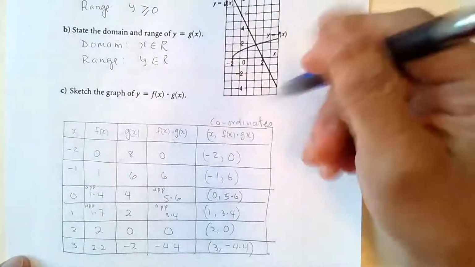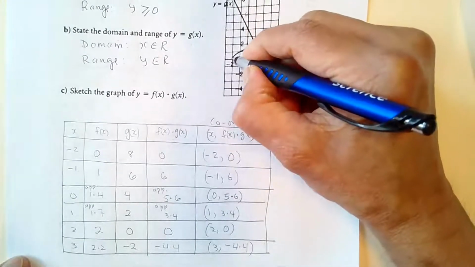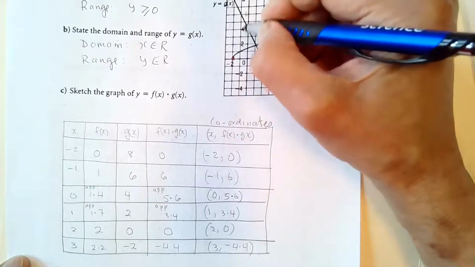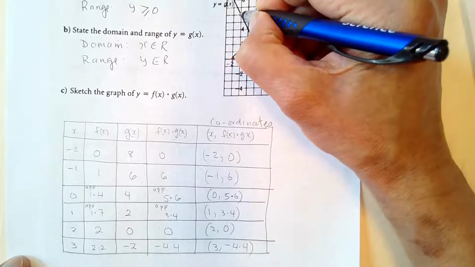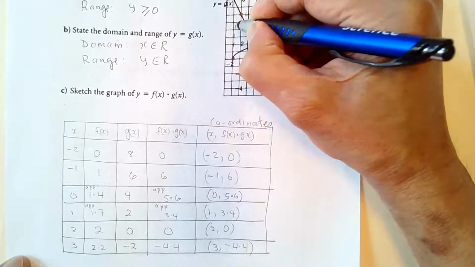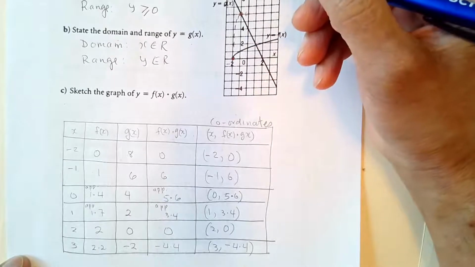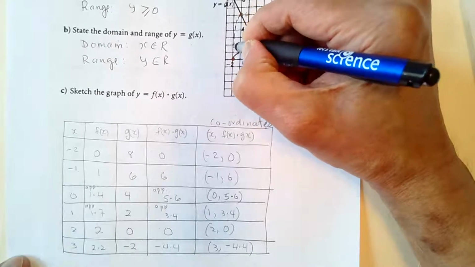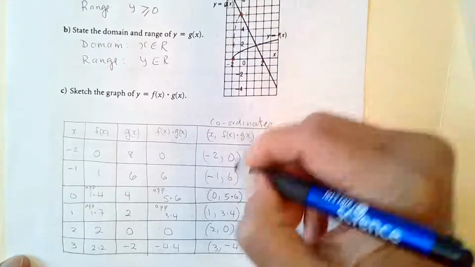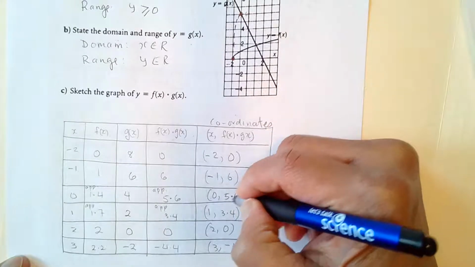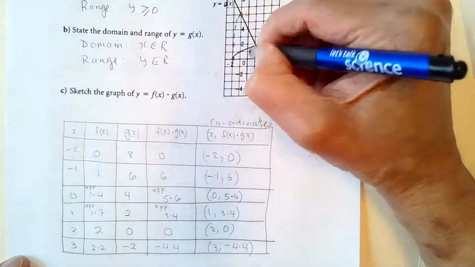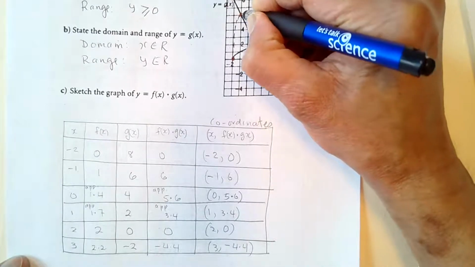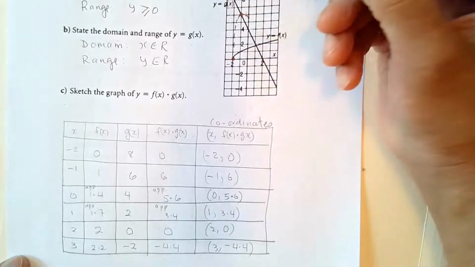Now I'll plot these points on my graph. So I have my 2, 0, which is right here. The graph begins from here at -2, 0. Then you have -1, 6. So we can connect them. I'm using a broken line just to make it clear, but it should be all connected. Then I have 0, 5.6, which is approximately here. This parabola is coming down.